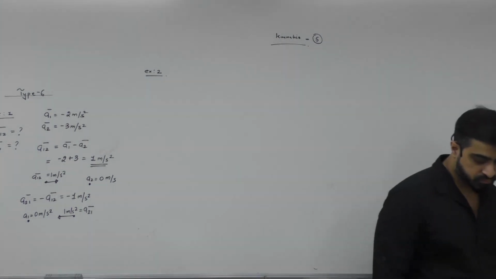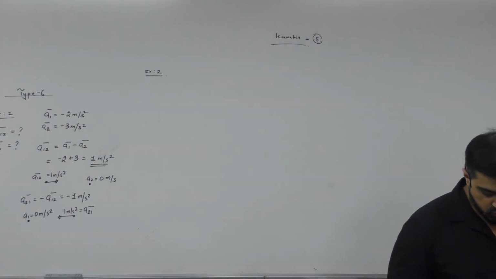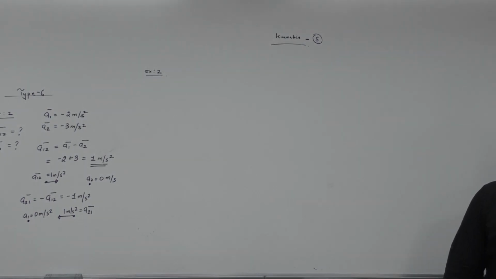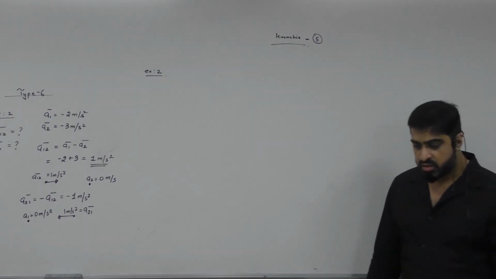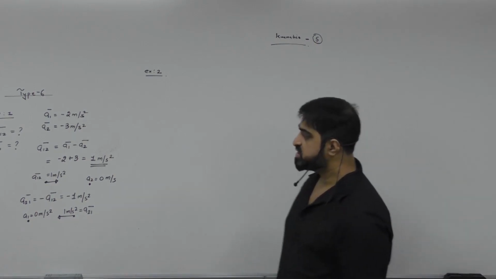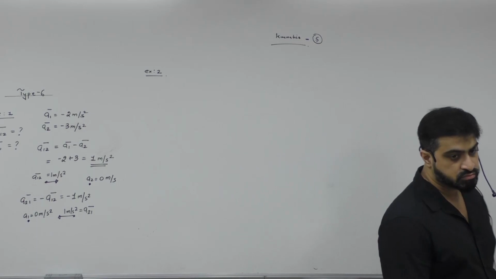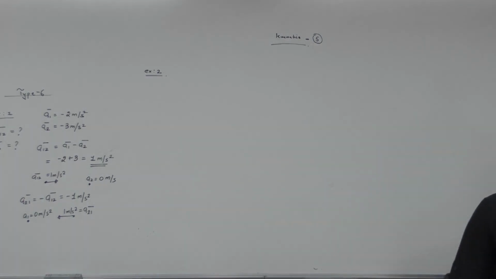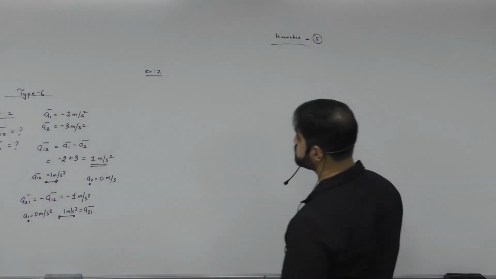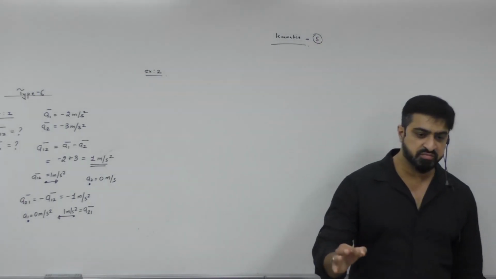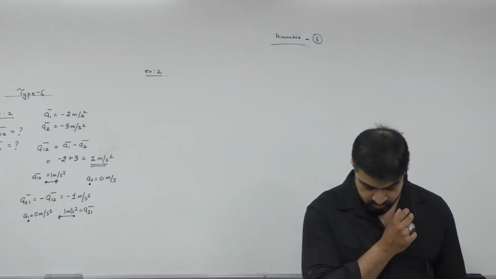Next question. Velocity of 1 is 3 meter per second towards east.